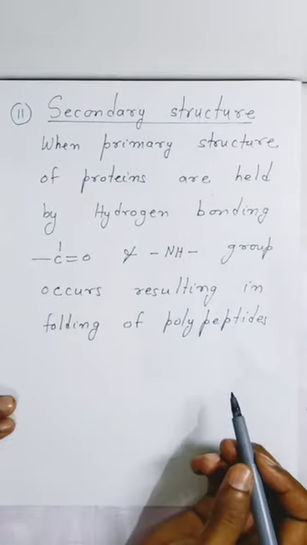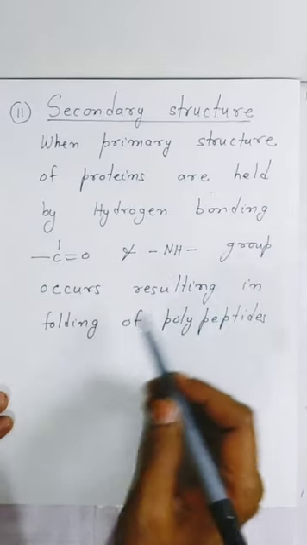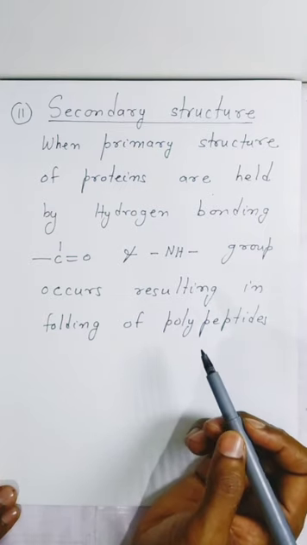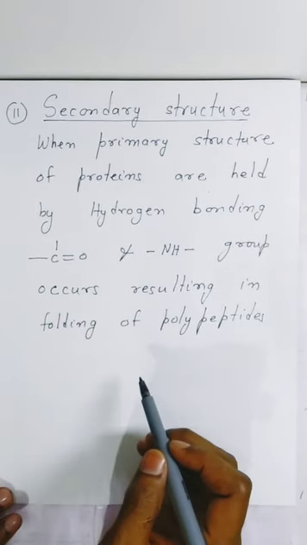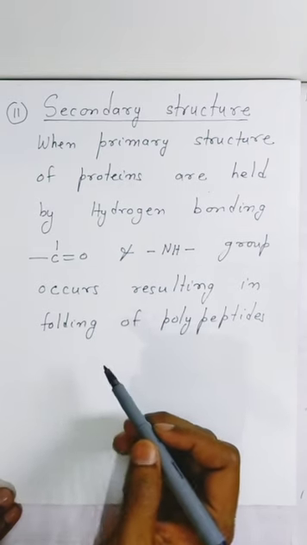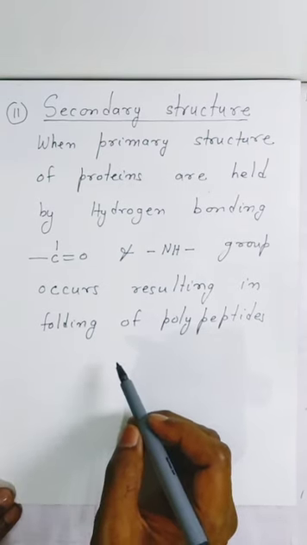So it will form the secondary structure. When the primary structure is held by hydrogen bonding, it will form the secondary structure. Now students, it has length as well as breadth. It may be alpha helix or beta pleated.